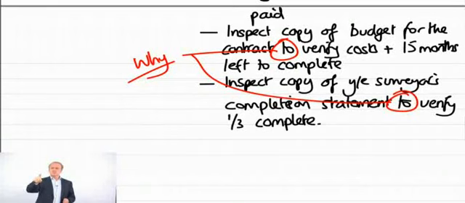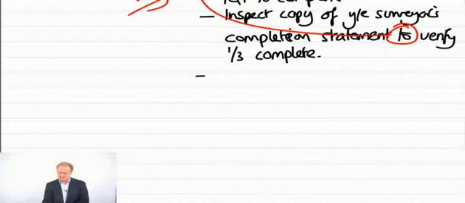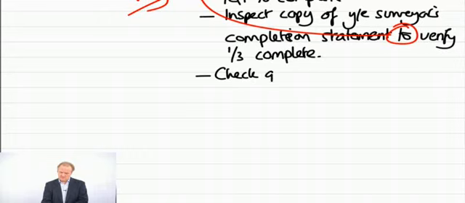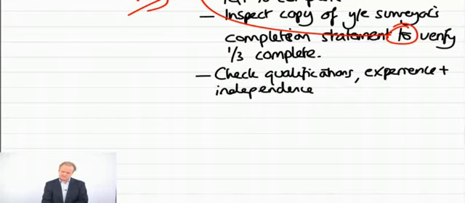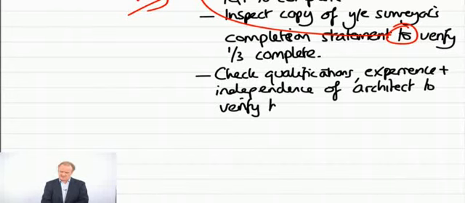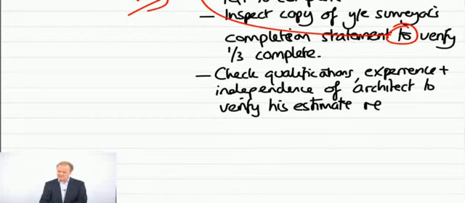Experts. If we're going to rely on what that architect says, we ought to make sure that we've checked the qualifications, experience, and independence of that architect to verify his or her estimate is reliable.